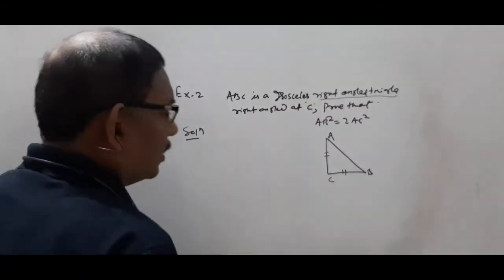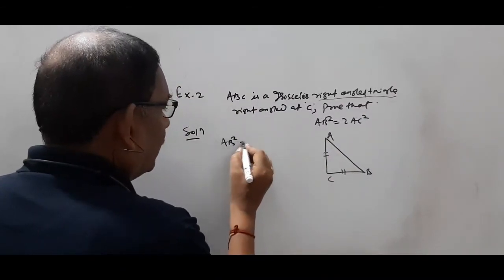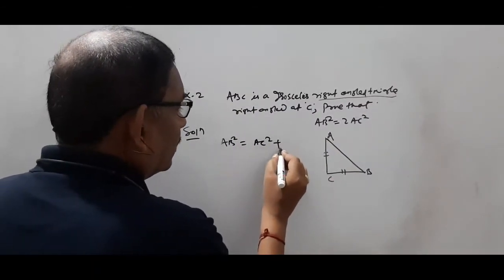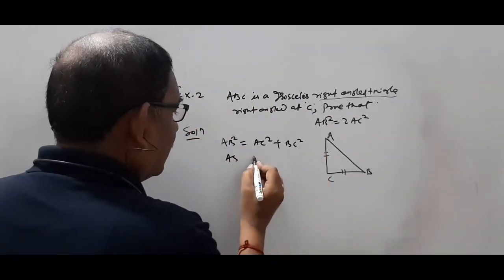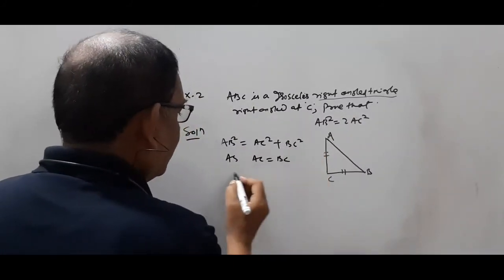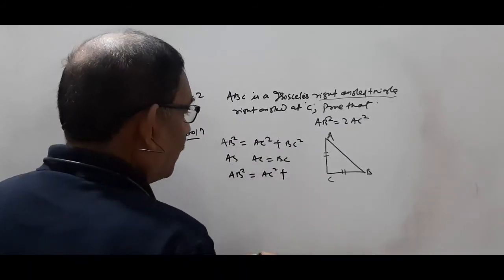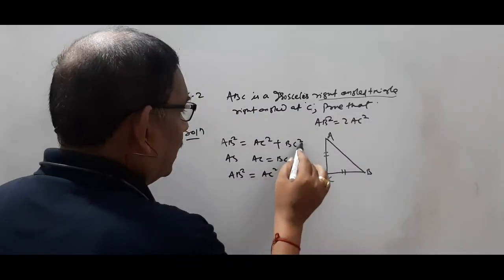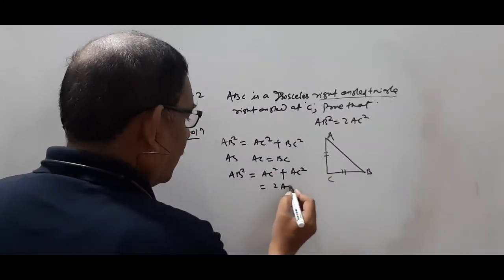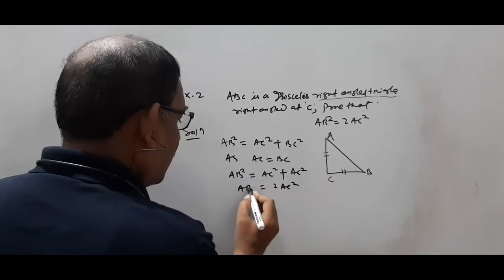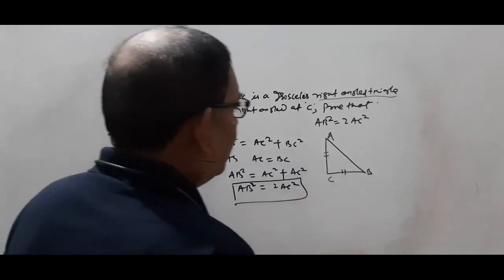So using the Pythagoras theorem, here AB square is equal to AC square plus BC square. As AC is equal to BC, now AB square equal to AC square plus, in place of BC write down AC. So it is your AC square. So twice of AC square. So AB square equal to twice of AC square.